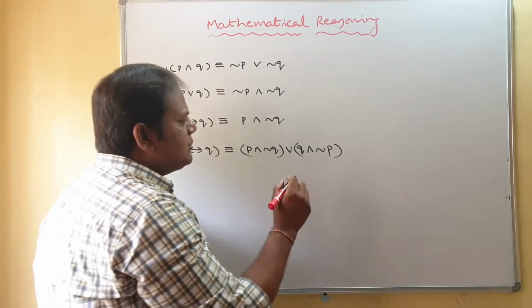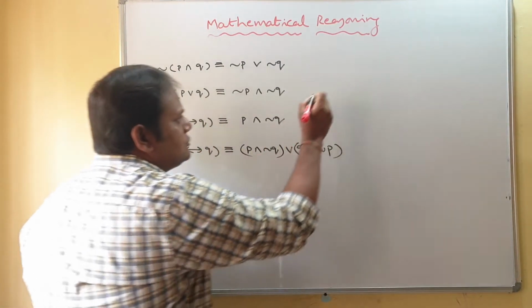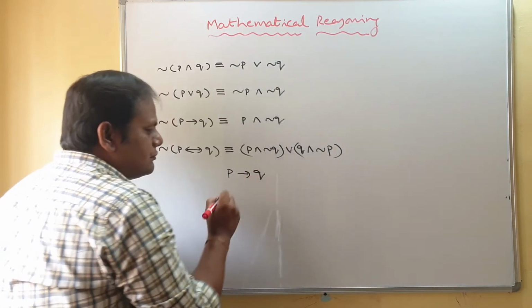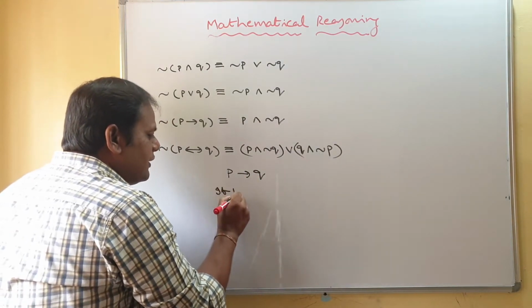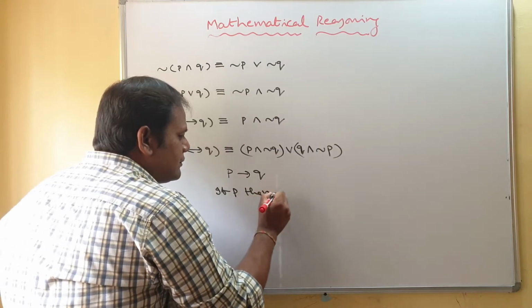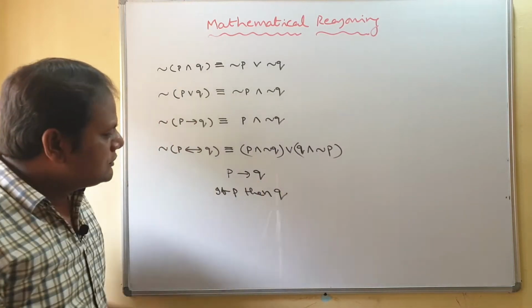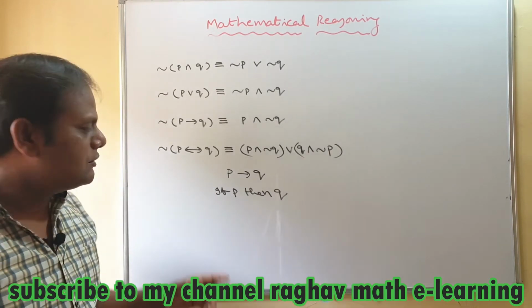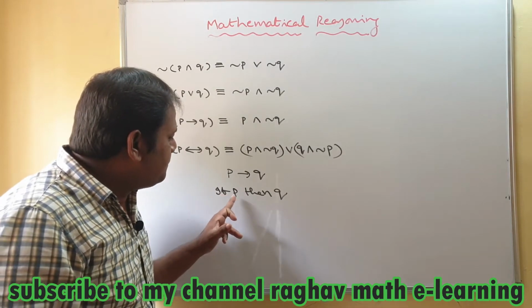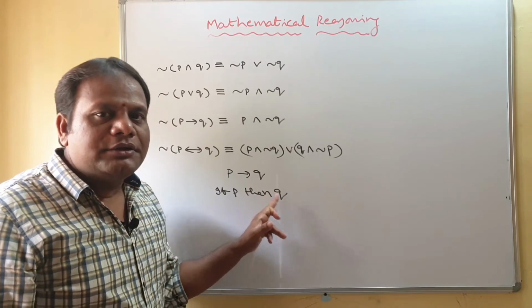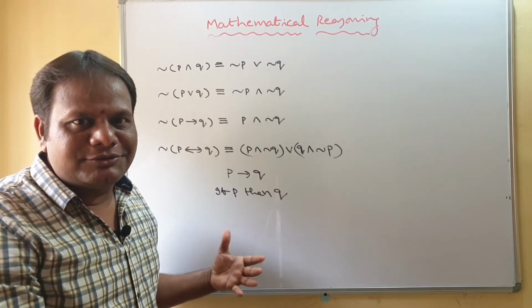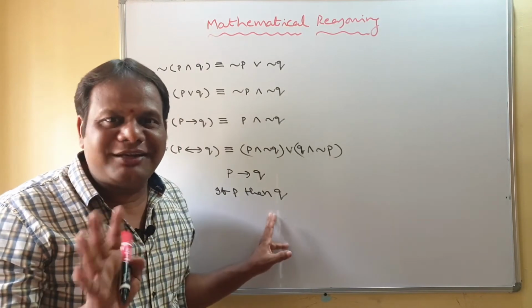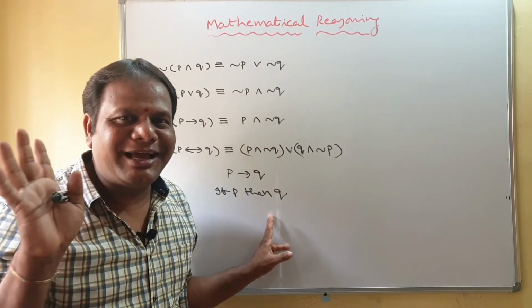See, suppose I am taking the implication. So what is that implication? If P then Q. Meaning what? The actual meaning of this conditional statement is what? If P happens, then Q happens. So negation, reverse to this you should tell, right? So P happens, but Q does not happen, is it?